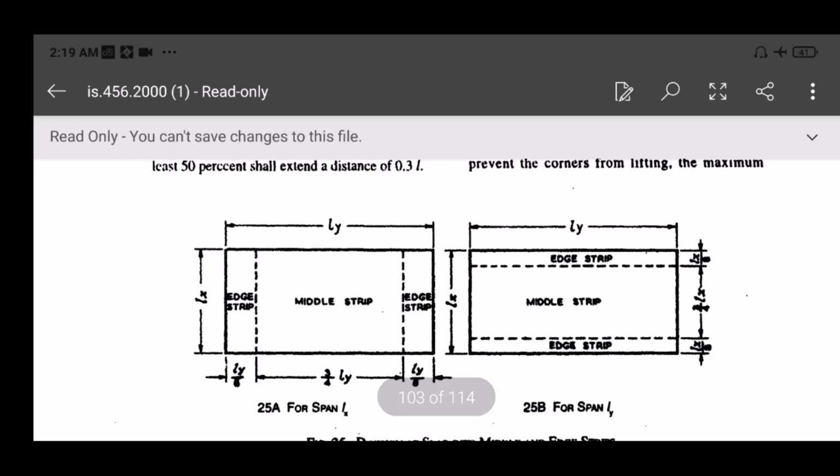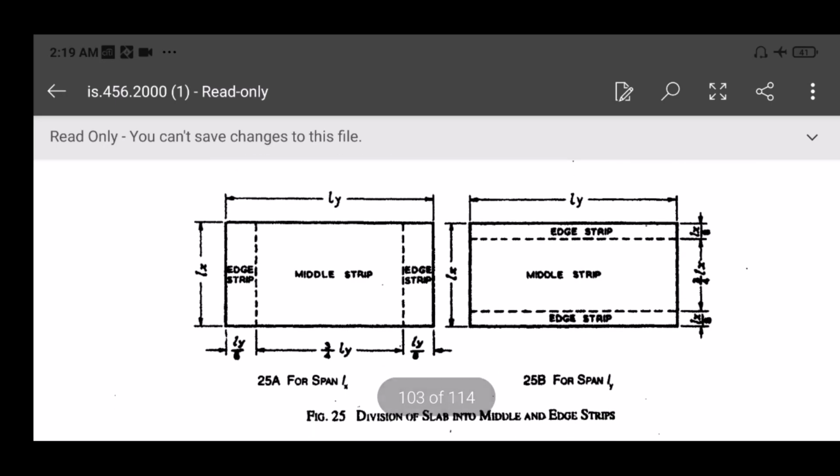Look, for span Lx, 3/4 of Ly is middle strip and Ly by 8 per edge strip, and for span Ly, middle strip is 3/4 of Lx and edge strip is Lx by 8. So now let's go to the solution.